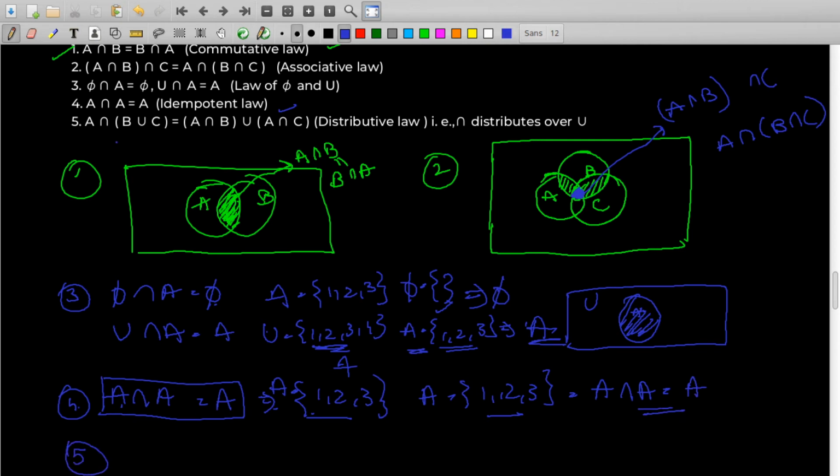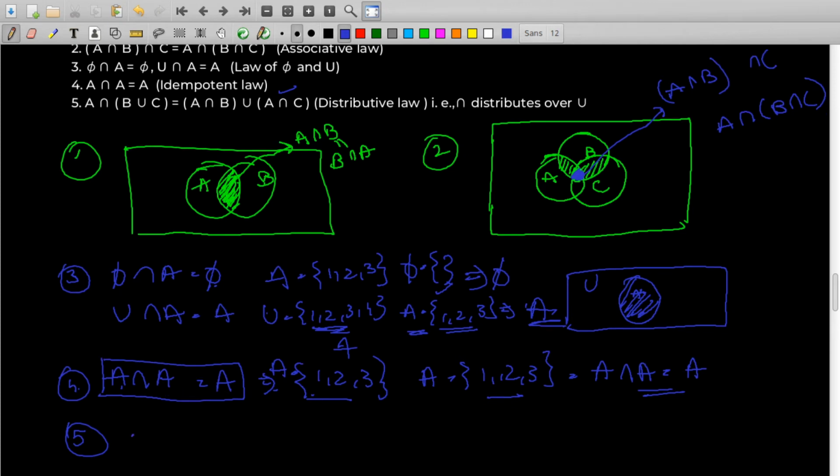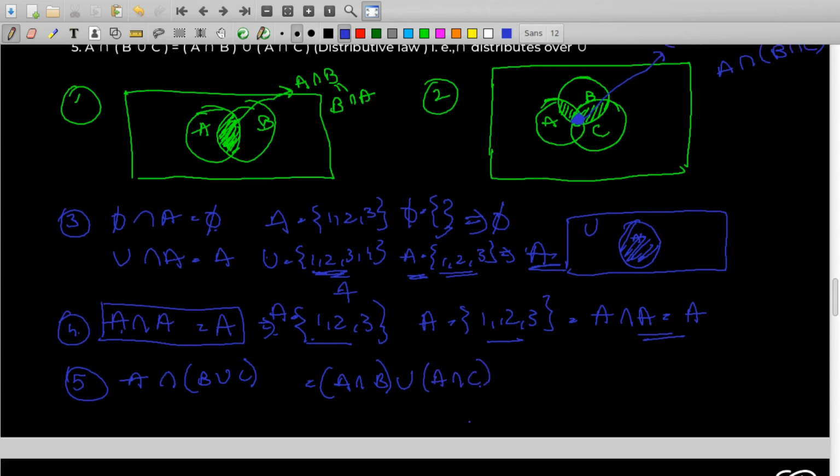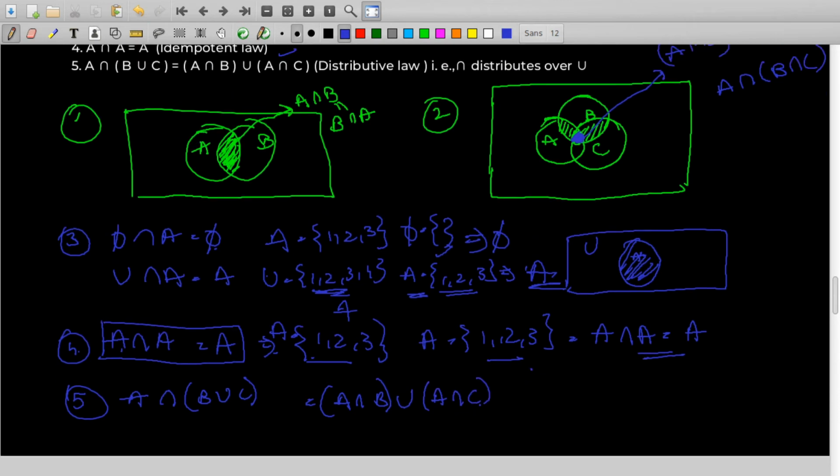Then there is the distributive law, which has both intersection and union. It says that A intersection (B union C) will be equal to (A intersection B) union (A intersection C). Now let's try to see it with a small Venn diagram here. I'm sorry, I'm making it congested. Let's try to be as clear as possible.